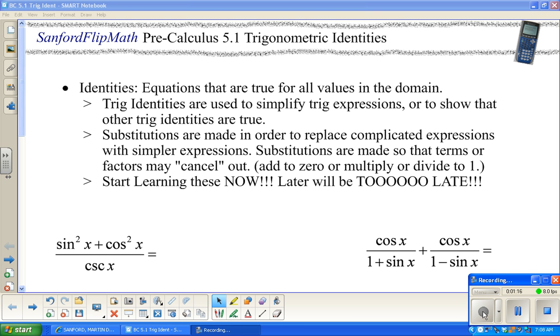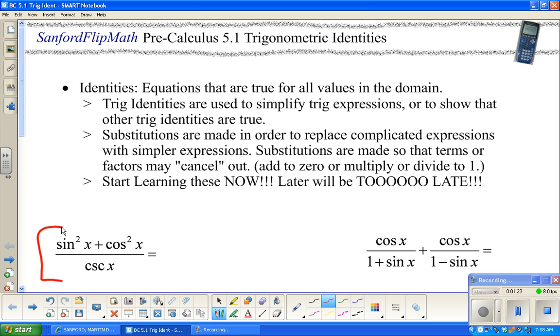And what trig identities are used for is to simplify. So for instance, if you look at this guy right here, this is kind of an ugly little trig expression. It's disgusting looking. There's a lot of stuff going on. And a quick little note to self here, this notation sine squared x is written that way, and we say it that way, but really it means sine of x, the whole thing squared.